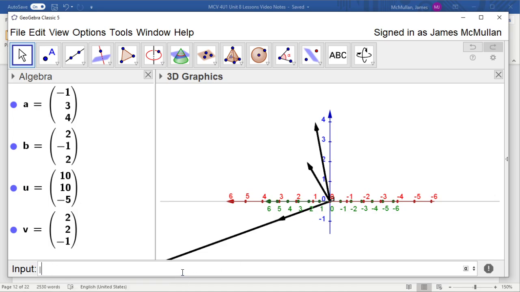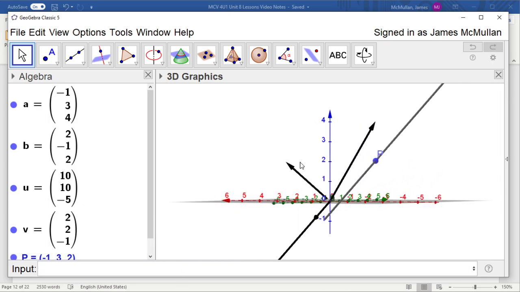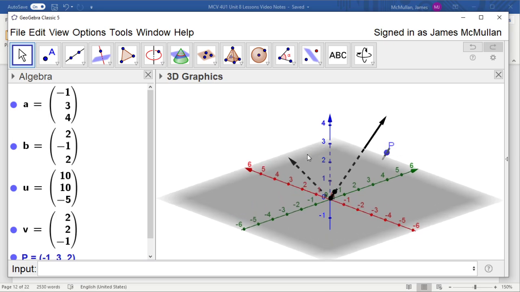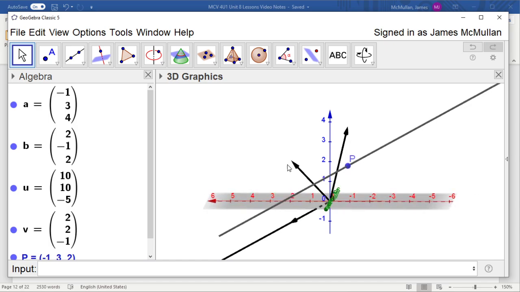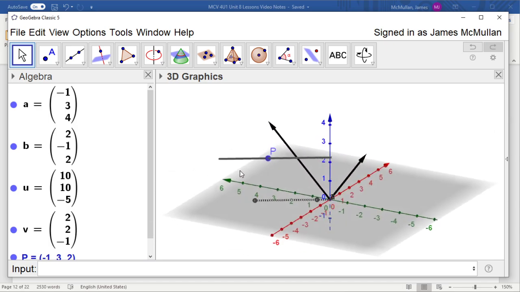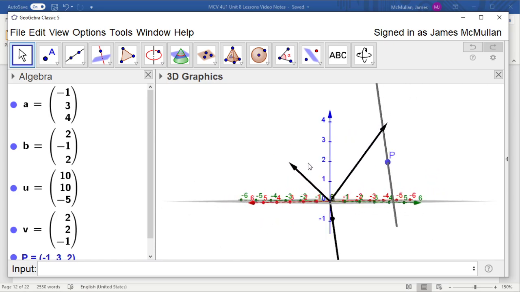And then the point that we know that it passes through is negative 1, 3, 2. And we need a line that passes through P that has a direction vector V. Now this line, right, it's perpendicular to both of the two vectors we started with, and it passes through the point we wanted.